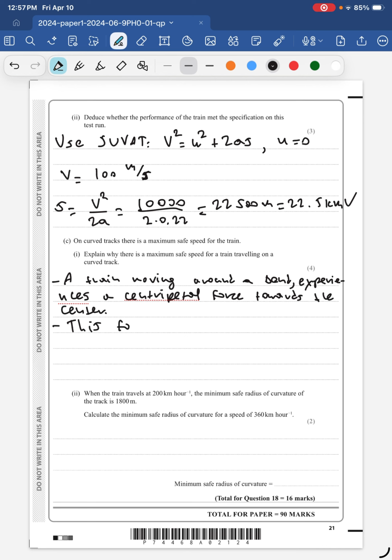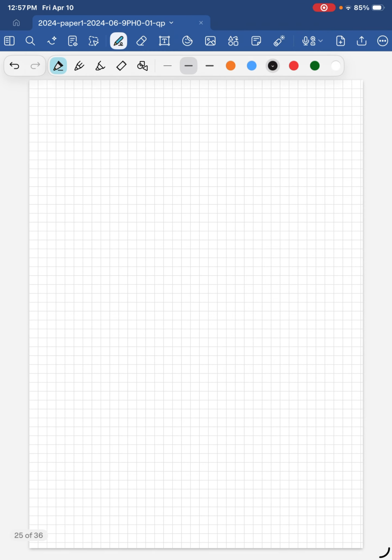So this force is provided by the wheel/rail contact force. Okay, and let's move to a clean page to complete this problem.